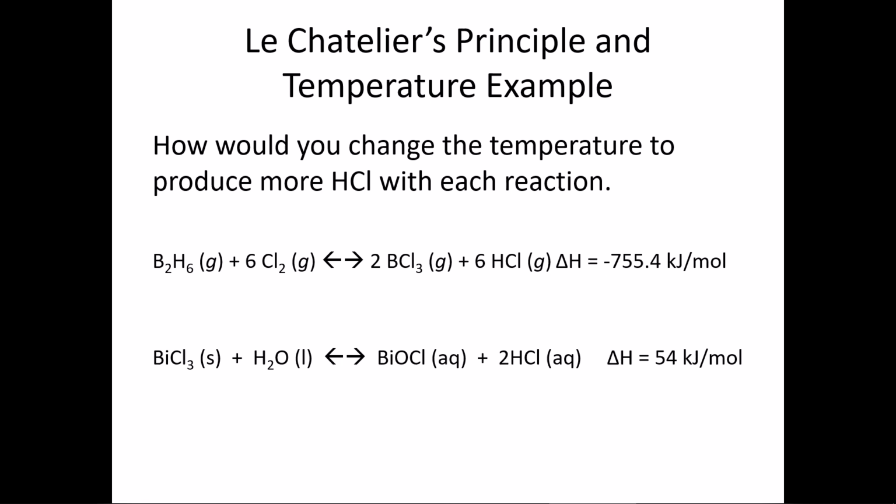So what should I do to the temperature to get more HCl? If I want my reaction to go toward product formation to make more HCl, I need to decrease the temperature because this reaction is already producing heat. So I need to take heat away so that it will go toward the products.